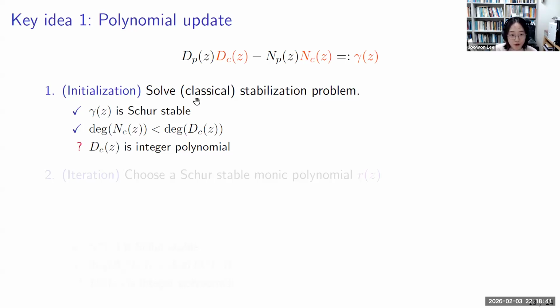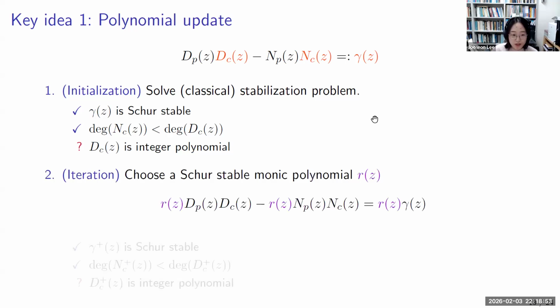But of course, solving a classical stabilization problem wouldn't lead to DC being an integer polynomial. So we take the iteration step. At each iteration, we choose a sure-stable monopolynomial R and multiply this R to both sides of this equation.